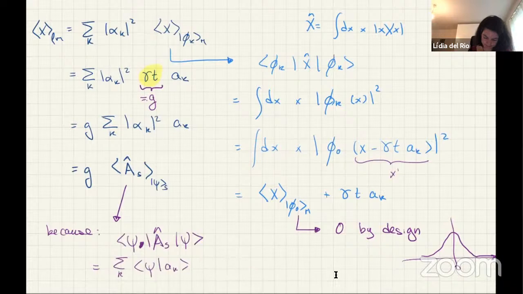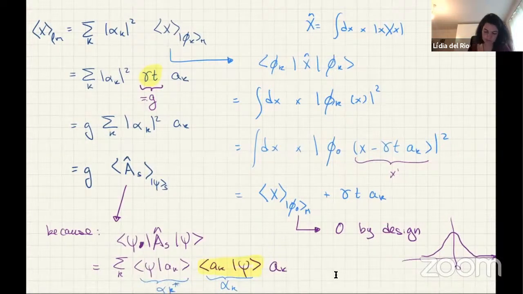It is alpha k, psi, and now alpha k the coefficient. But this was, by definition, this coefficient, sorry, alpha k, so this will be alpha k star, right?